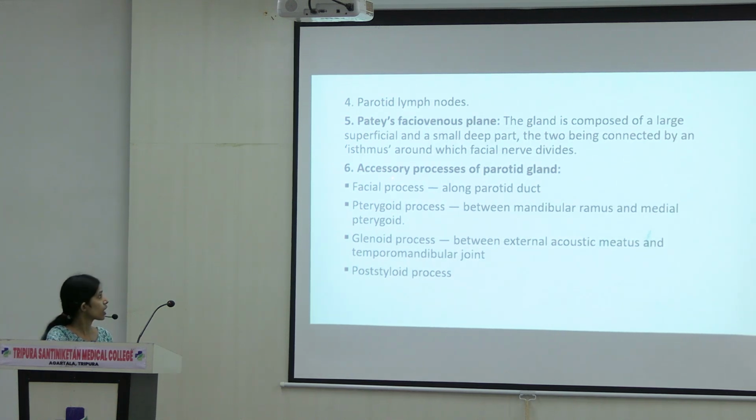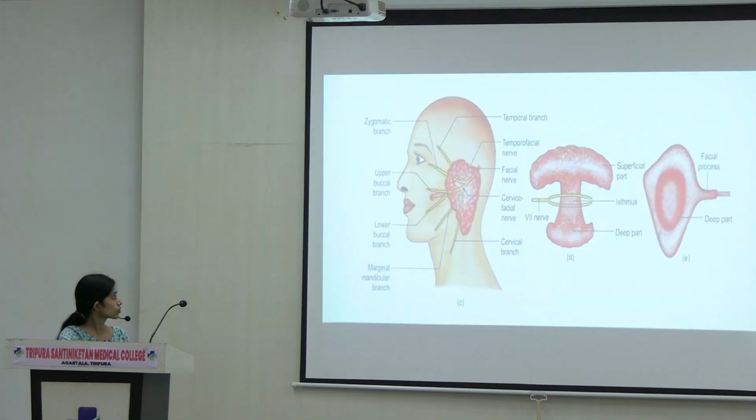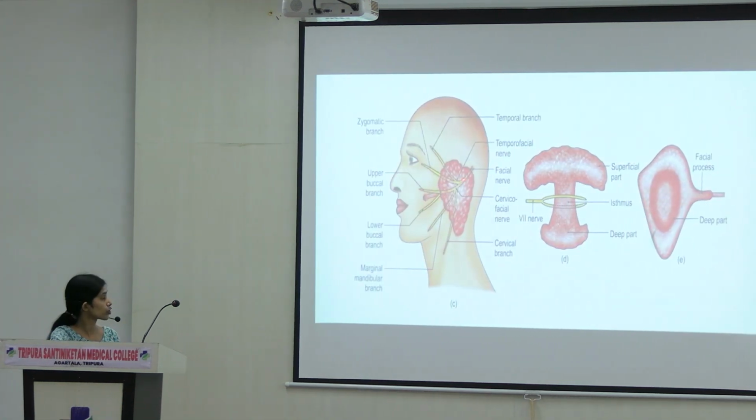Next we have the accessory processes of the parotid gland. We have the facial process, pterygoid process, glenoid process and post-styloid process. These are the four important processes of your parotid gland. Just note down this fifth point. You can see here, this is the facial nerve.